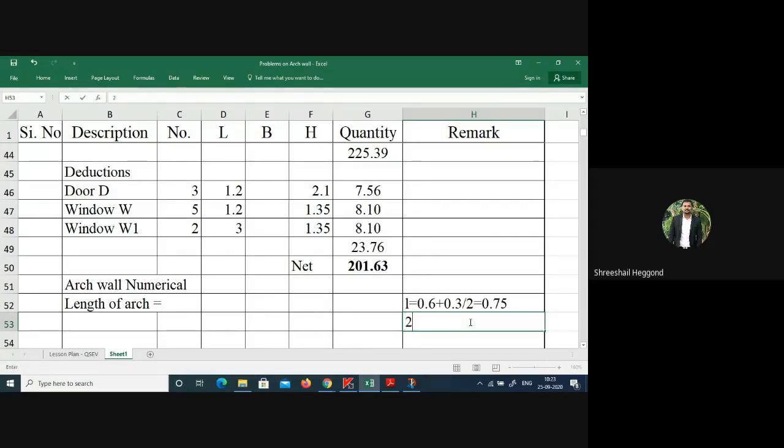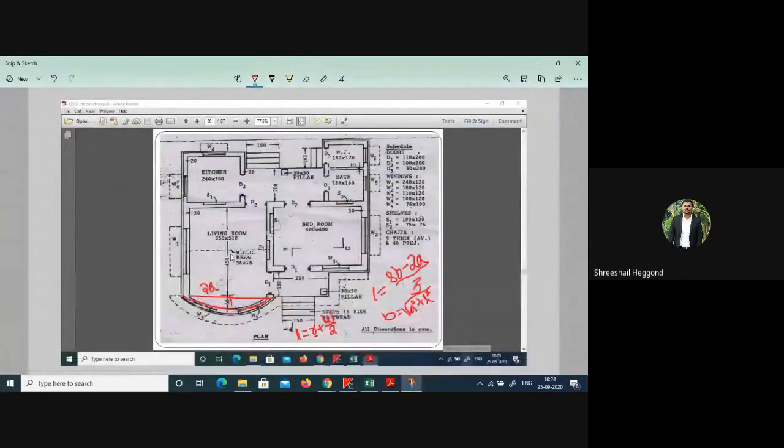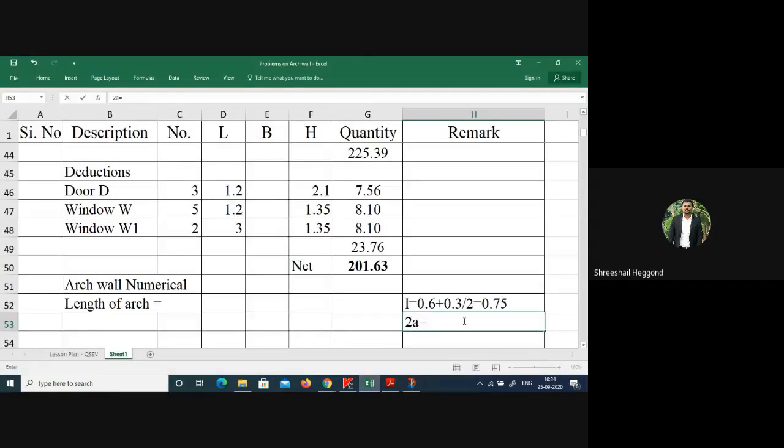The A value can be written from the total 2A given. You can see the plan. 2A is the width of the living room, that is 350 centimeter, written as 3.5 meter, plus half of wall thickness on both sides, that is 0.3.